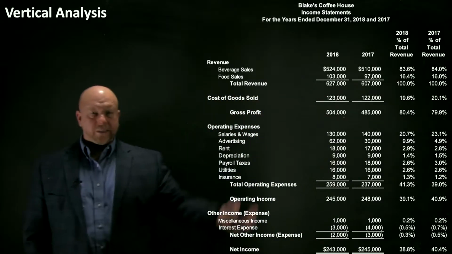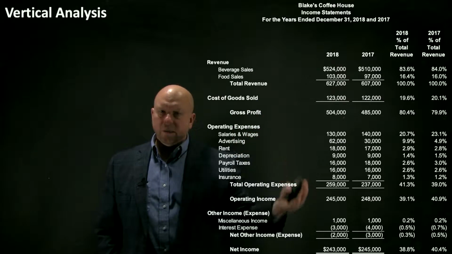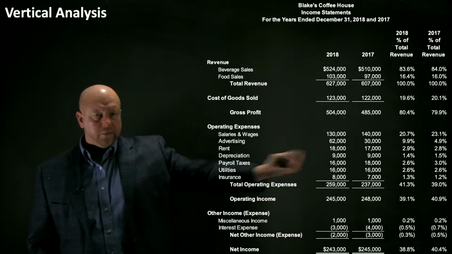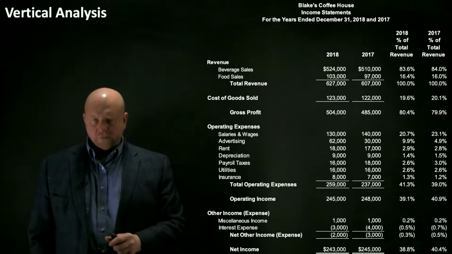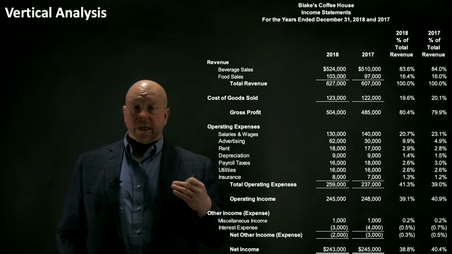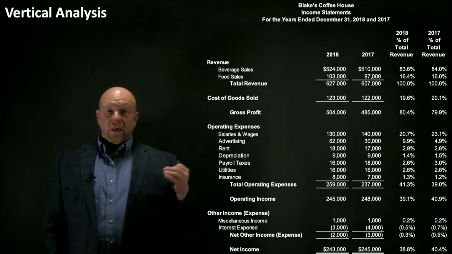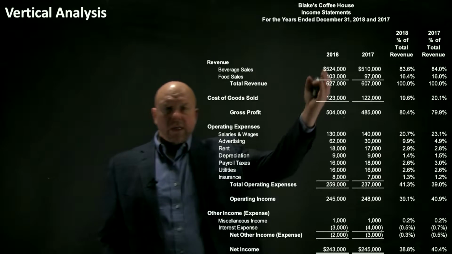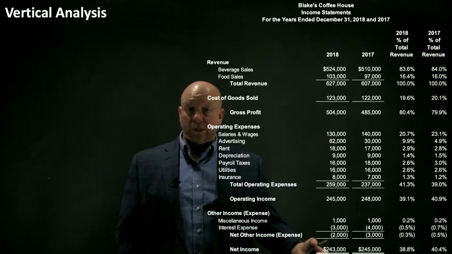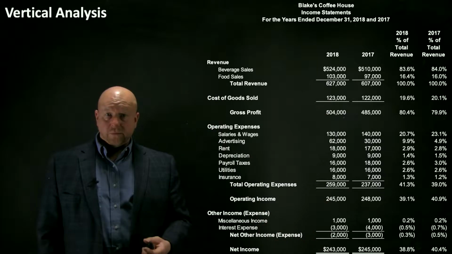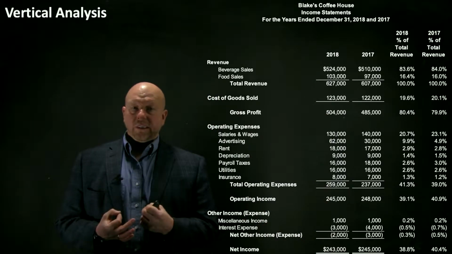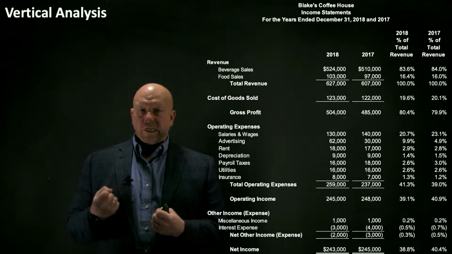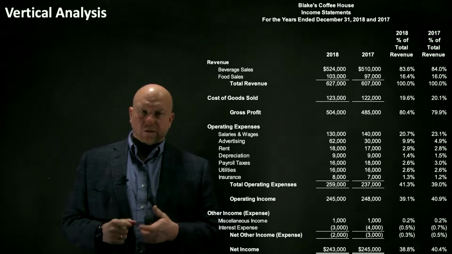With vertical analysis, and I know this might be a little small here because we had to add some extra columns over there on the right, what vertical analysis is doing is it's sometimes called a common size analysis. We're taking elements of the financial statements, in this case the income statements, and we're expressing them in terms of a percentage of some element of that financial statement.